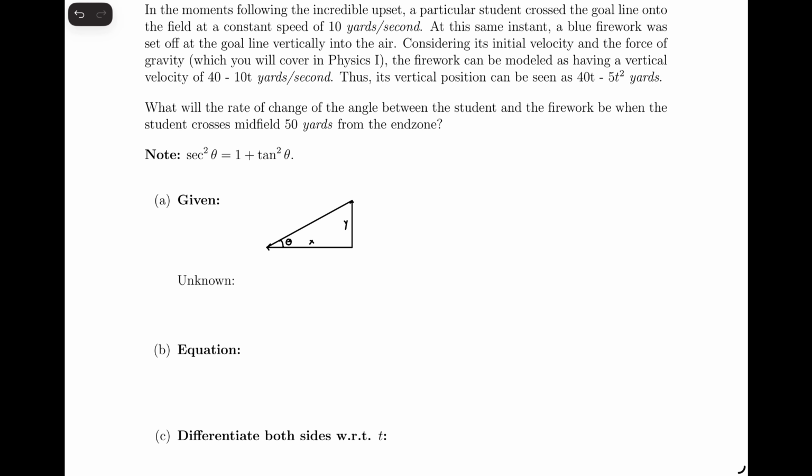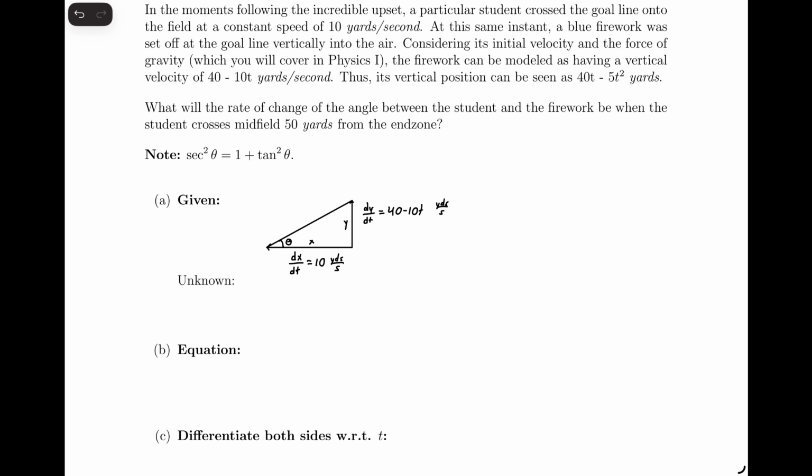And what are we given? We're given the speed of the student. He's running at a constant speed of 10 yards a second in the x direction. So we will call that dx/dt. The change in the x direction with respect to time is 10 yards per second. And the firework going vertically in the air has a velocity, dy/dt, equal to 40 minus 10t, and that's also yards per second.